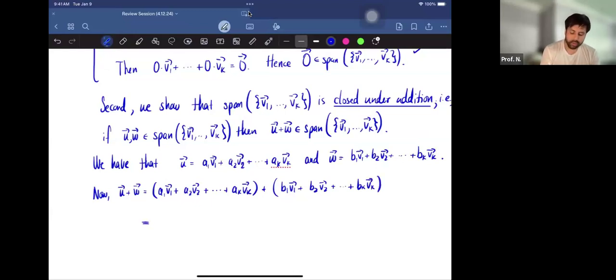But then what can I do with addition? Addition has many very nice properties, right? It's associative, it's commutative, and it contains the distributive property. So I use those properties to my advantage.